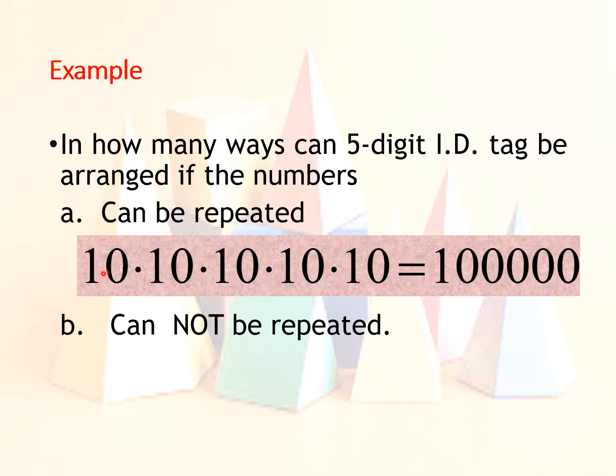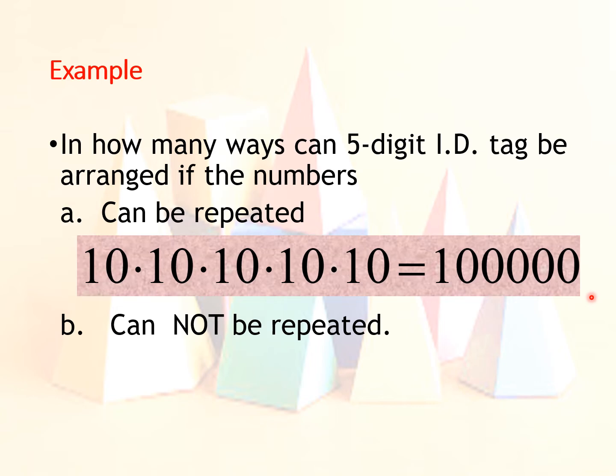Whatever digit you use in the first digit, you can use again in the second digit, and so on for the third, the fourth and the fifth. So 10 times 10 times 10 times 10 times 10 is 100,000.